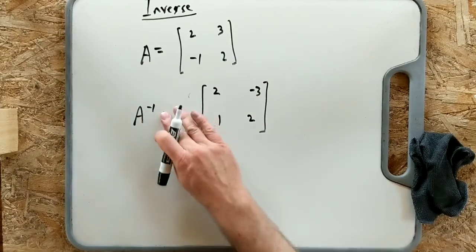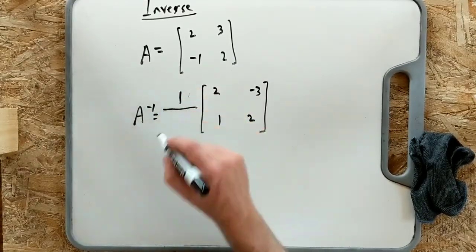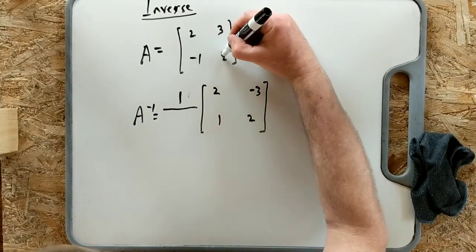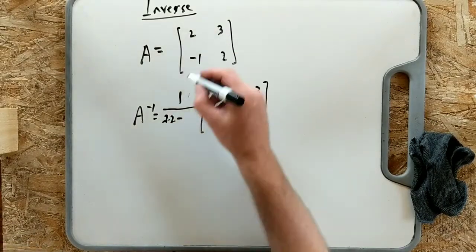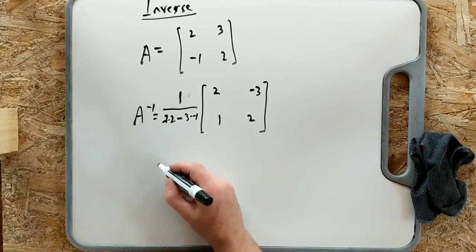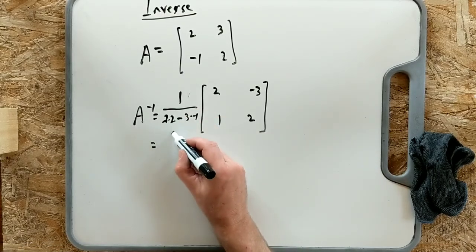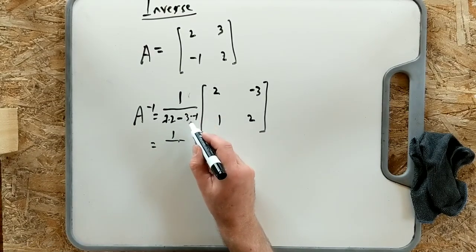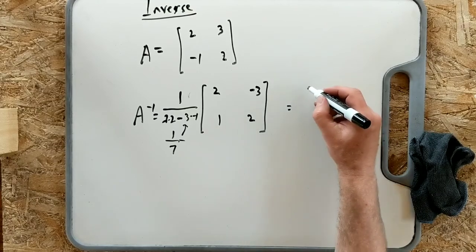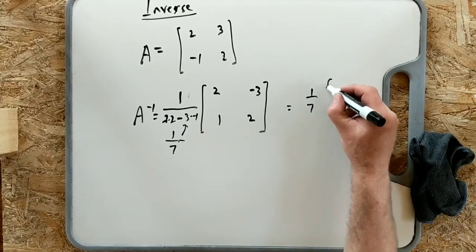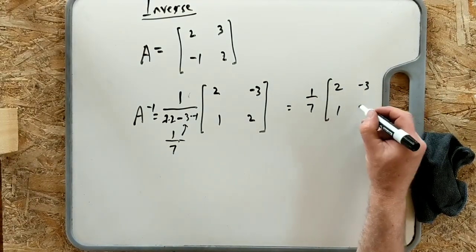Okay, in the front of that, you have 1 over the determinant. The determinant is 2 times 2 minus 3 times negative 1. Or, in other words, that front part is 1 over 4 plus 3, or 7. So the inverse matrix is 1/7 of 2, negative 3, 1, 2.